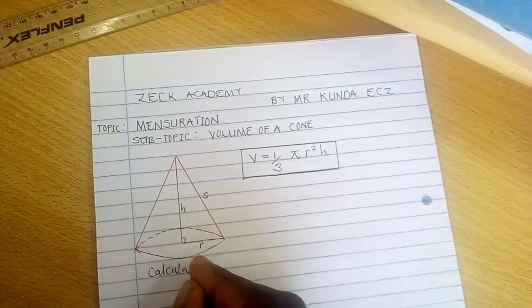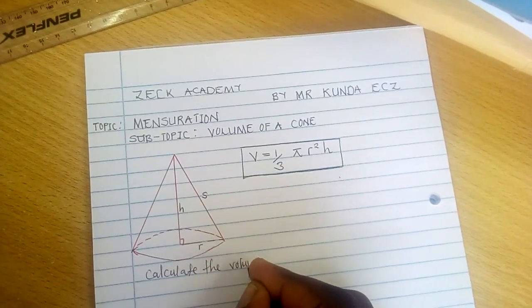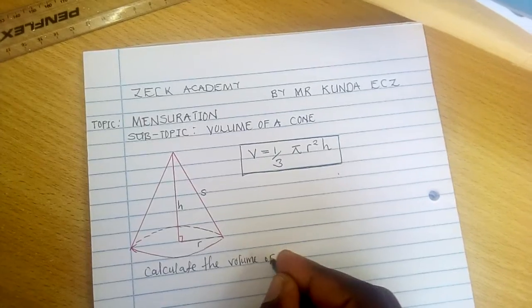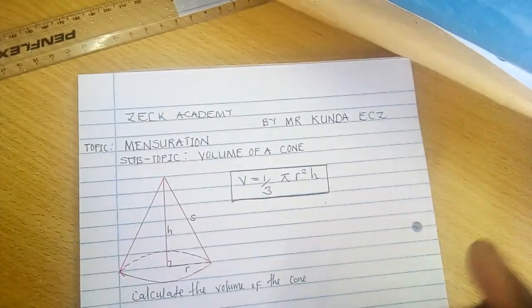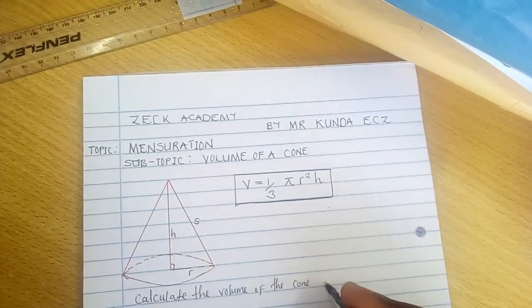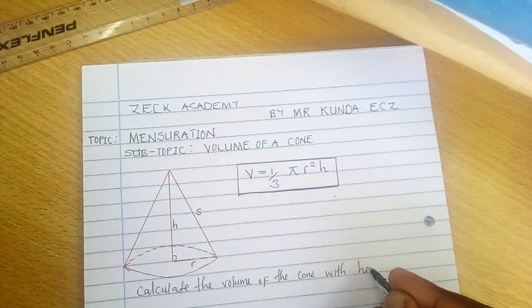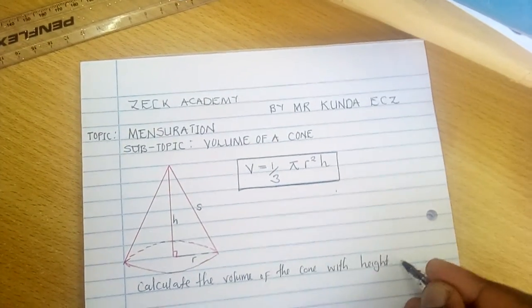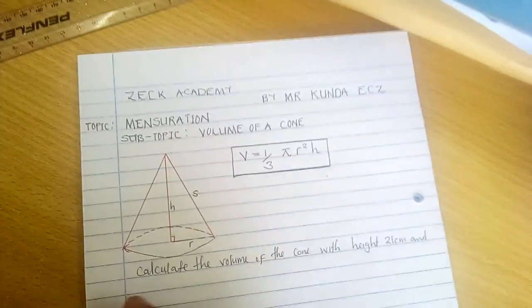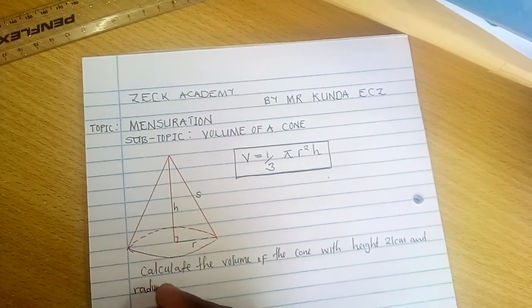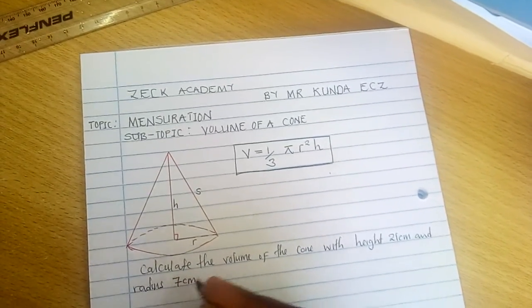Calculate the volume of a cone with height 21 centimeters and radius 7 centimeters.